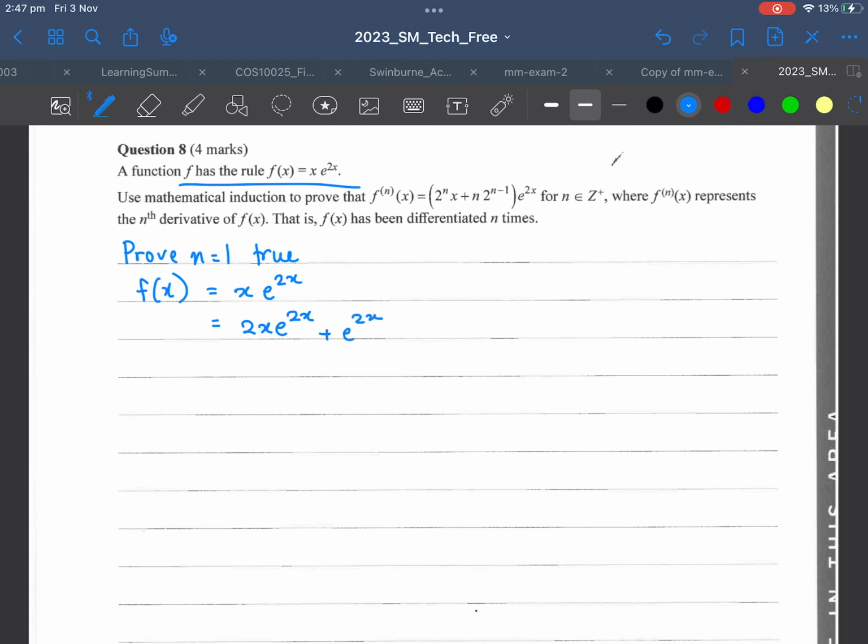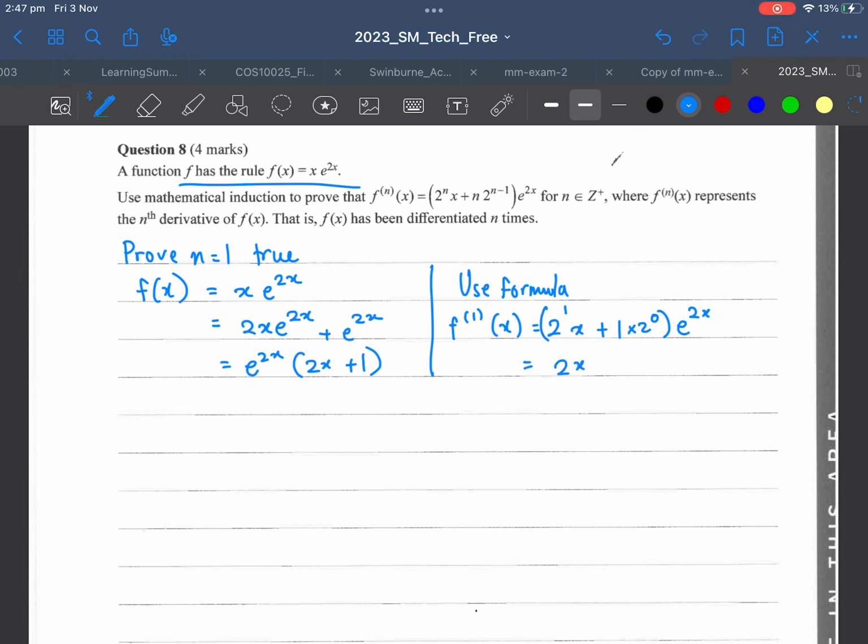Right, which would be e to the power of 2x, 2x plus 1. Okay, now I'm going to use the formula. So then we will get f of 1 of x, which equals 2 to the power of 1 x times x plus 1 times 2 to the power of 0, all of that times e to the power of 2x.